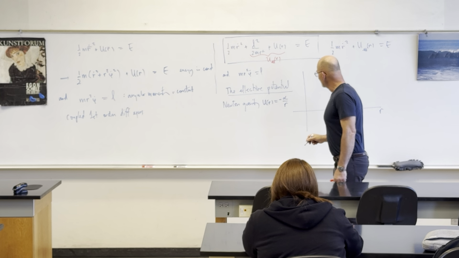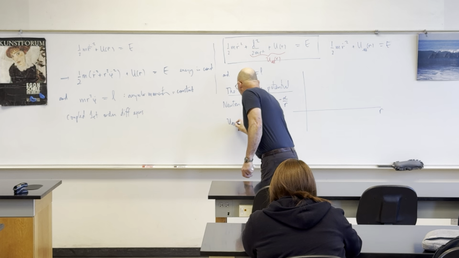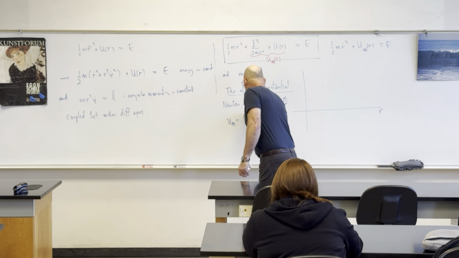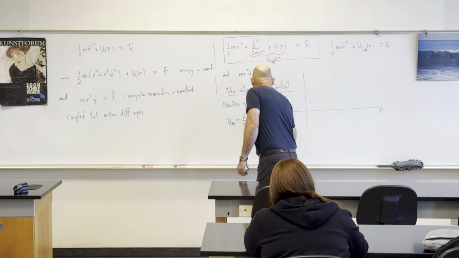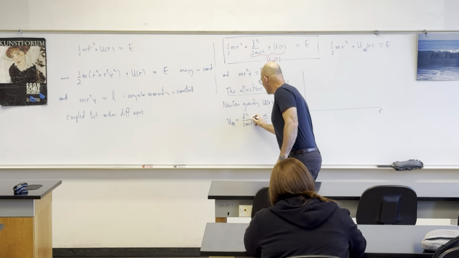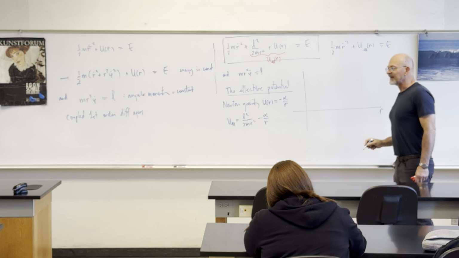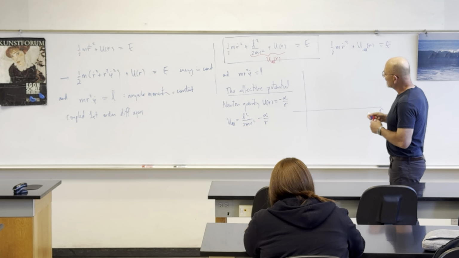So this is good. And what is this effective potential? The effective potential is L squared over 2mr squared minus alpha over R. So we have to graph this thing to really see what's going on.